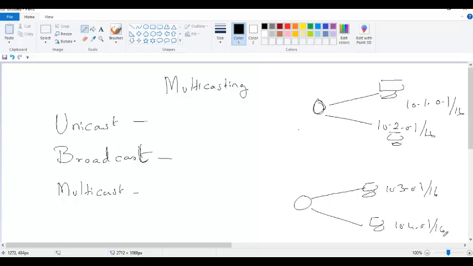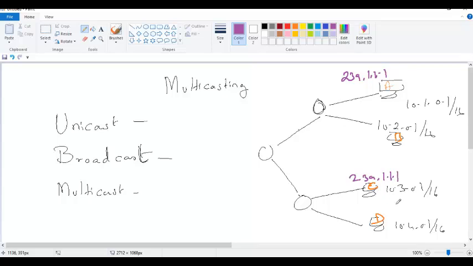Now, you see, if I want to communicate only to A and C, I can put both of them in a group using a common multicast address, let's say 239.1.1.1.